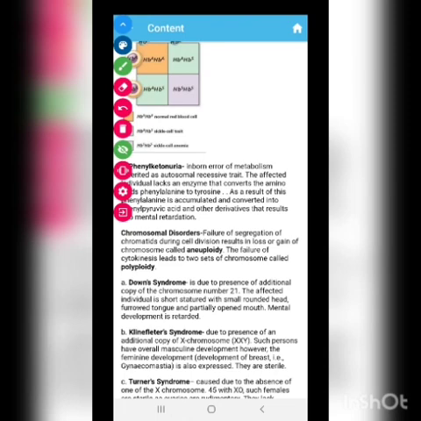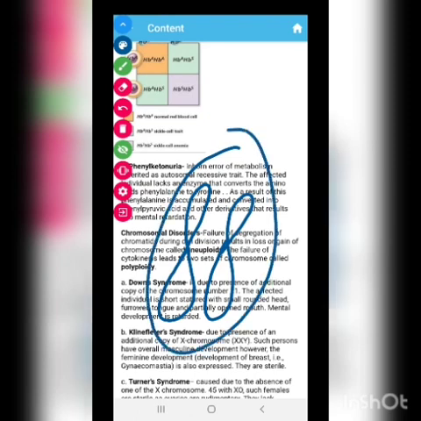The next is Klinefelter syndrome, due to the presence of an additional copy of the X chromosome. Normally, in a male, on the 23rd chromosome one side is X and the other side is Y. Definitely you know about this.